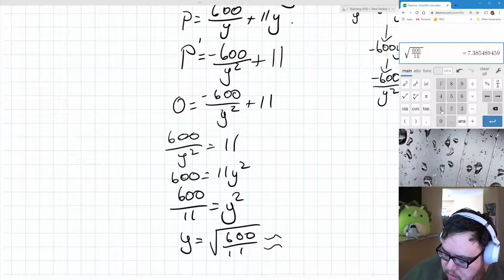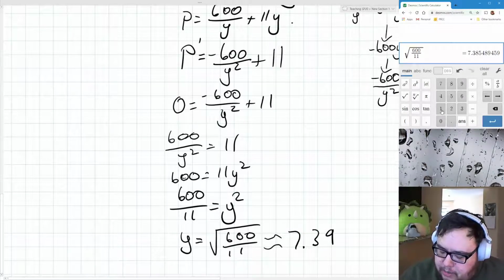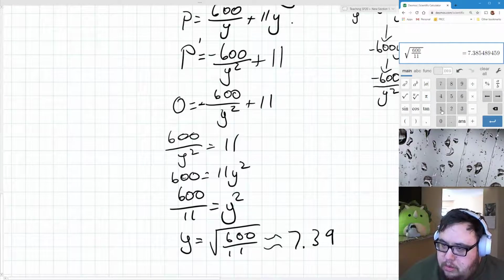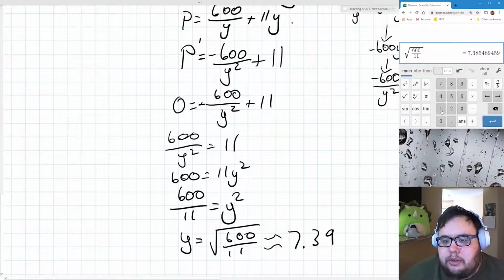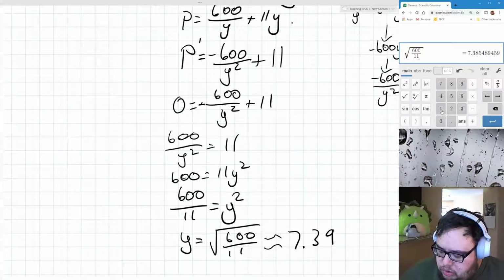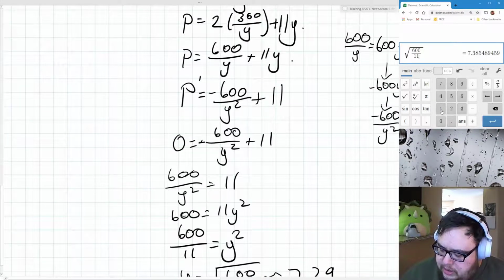Wouldn't that 600 be negative? We added it to both sides there. So it was negative to begin with, right? And then when we added 600 over y squared to both sides, it came to the other side as positive. Then wouldn't that make the 11 negative? Why would the 11 be negative? I thought it was because of the 600 on top.